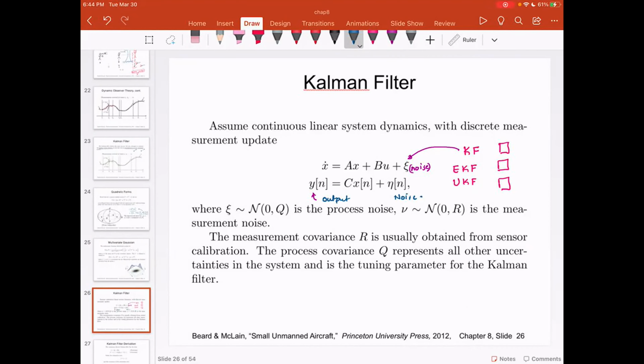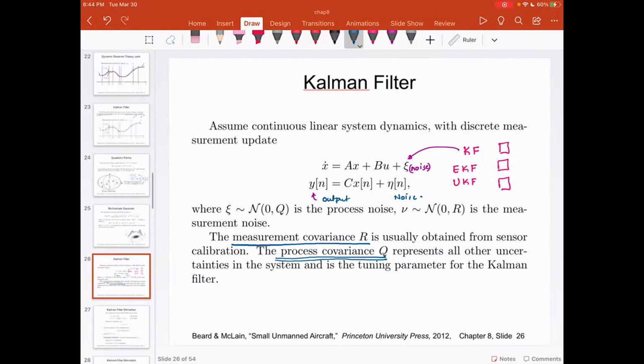There is something called measurement covariance, which means how the measurement changes. And then there is the process covariance, which means how the process itself changes. So there are these two stochastic parameters present in the Kalman filter.